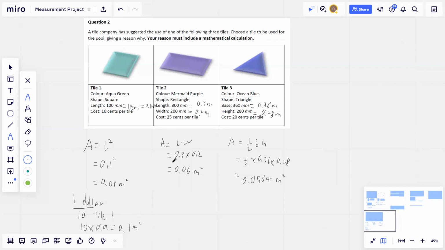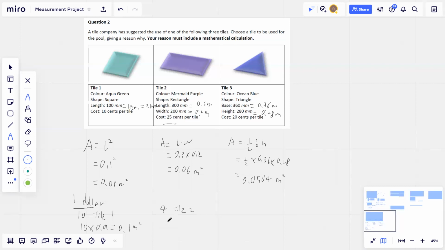And what about the second tile? The cost is 25 cents per tile. How many tiles can we have? $1 divided by 25 cents is 4, so we can have 4 of tile 2. How much area do we have?